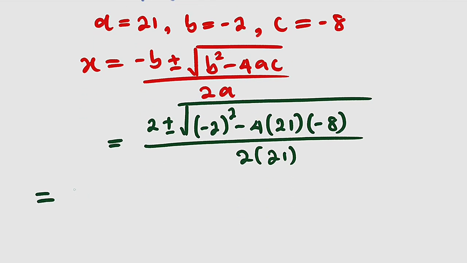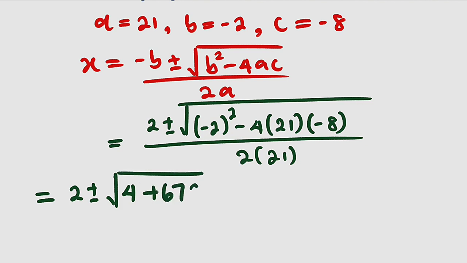This is equal to 2 plus or minus the square root of -2 squared is 4. Then I will multiply all of this together. We have minus 4 multiplied by 21 multiplied by -8. This will give us plus 672. Divide by 2 times 21 is 42.